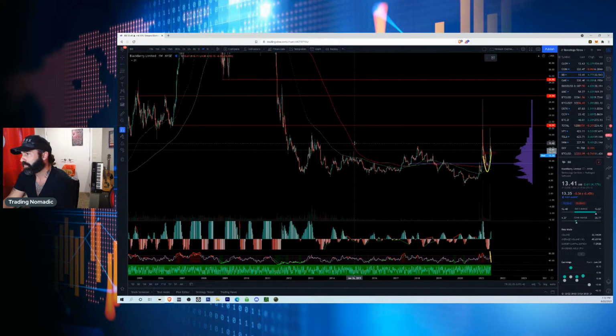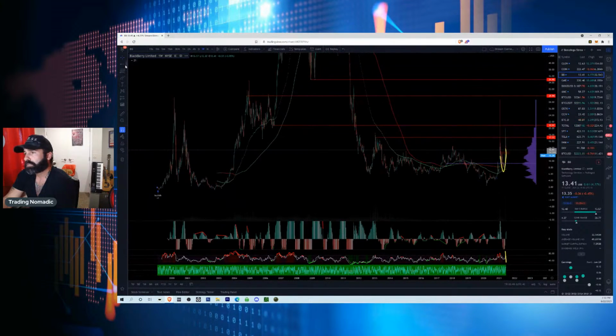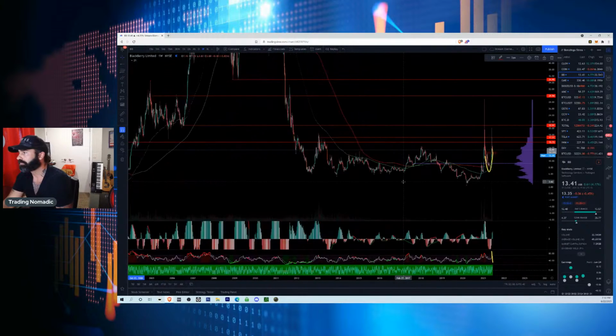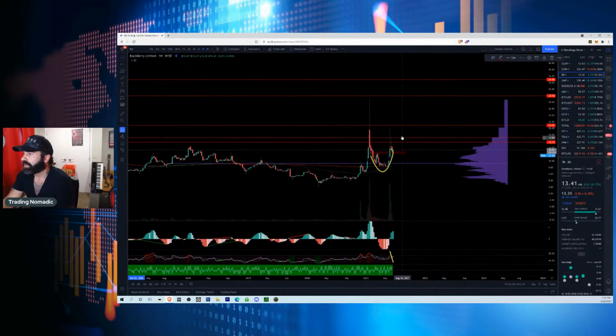But more than likely, I would be keeping an eye on, before that, maybe the 17.22-ish. You got historically a couple tests of that level as support and as resistance. So you might get a retest up there, and that's on the weekly chart.